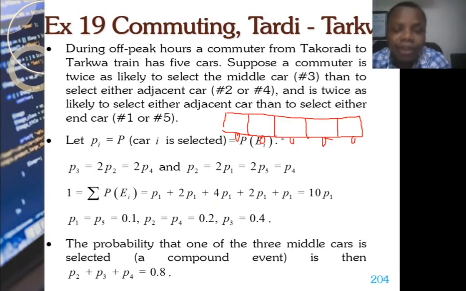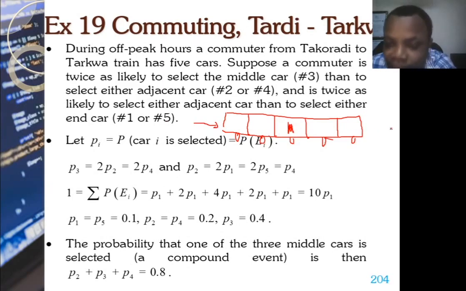Now, one thing that we observe, if you happen to be a commuter who is conscious about your security, is that you are more likely to sit in car 3 because of safety reasons. That is, if an accident should occur in front of this train, you are less likely to be affected if you are in this region.